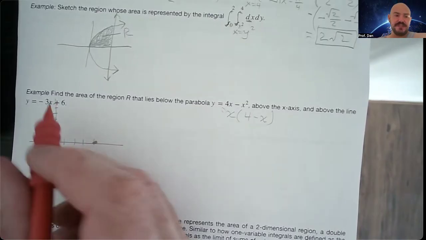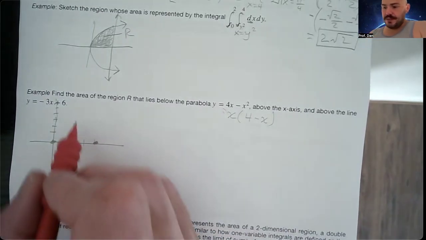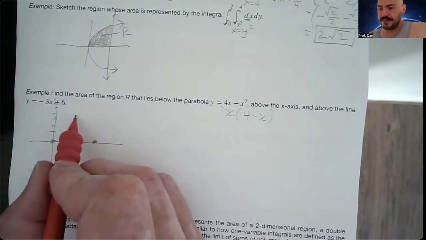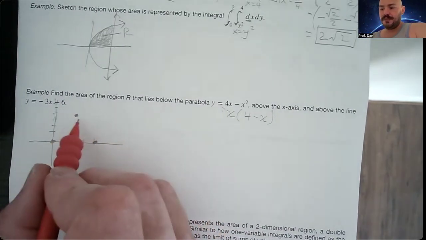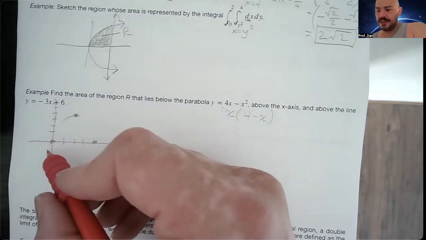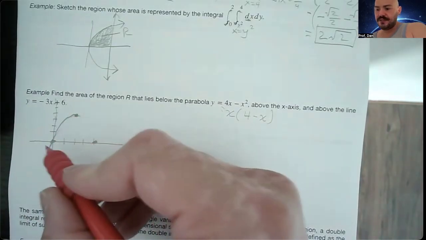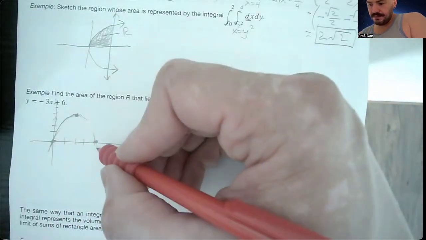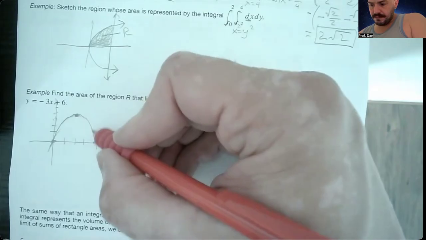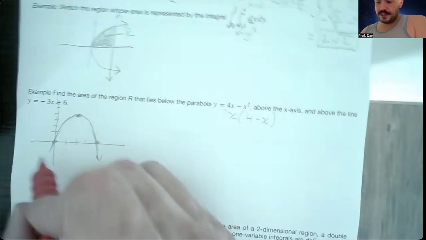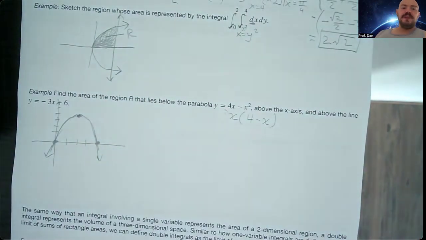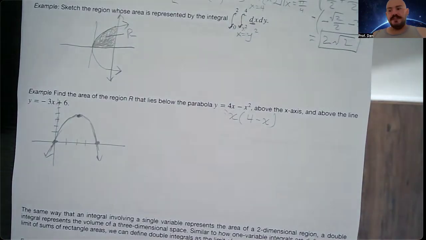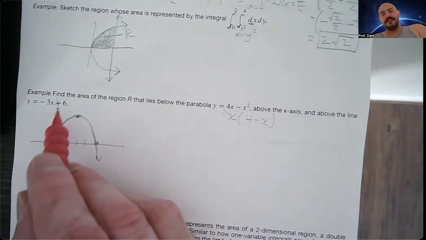I have to draw up to 6 for the next one. So 2, 4 is the vertex of this parabola. And I draw that out. There we go. Okay. Now, the other part to this is y equals negative 3x plus 6.